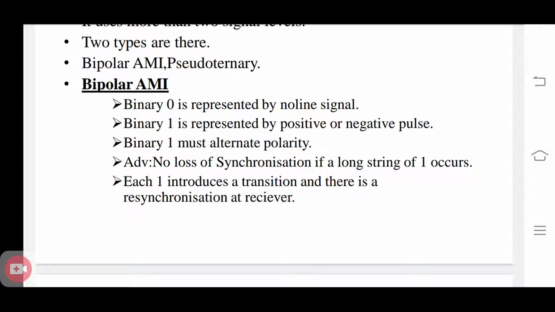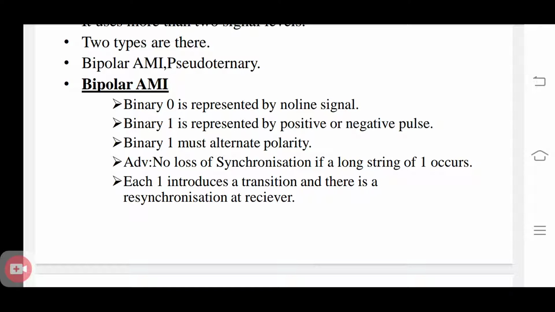We are encoding the data or information into a signal form. We have some binary data, that is binary 0 and binary 1, and we can convert it into a signal that will be transmitted over a transmission medium. That mechanism is known as signal encoding.